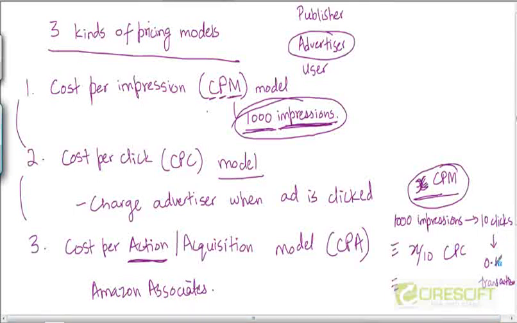Okay, so that means if you're paying X for 1,000 impressions and 1,000 impressions are resulting in 0.1 transactions, that means you're paying X for 0.1 transactions. So your cost per transaction or per action will be X divided by 0.1, right?